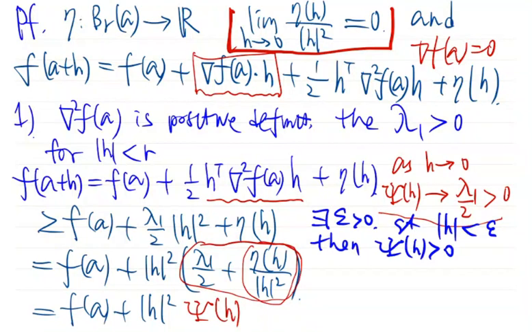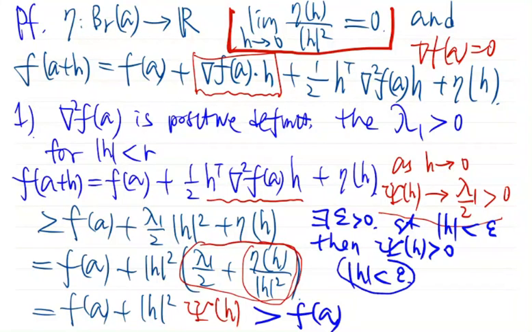Phi(h) positive means that f(A+h) is greater than f(A) when the norm of h is less than epsilon. So as long as the norm of h is less than epsilon, f(A+h) is greater than f(A).